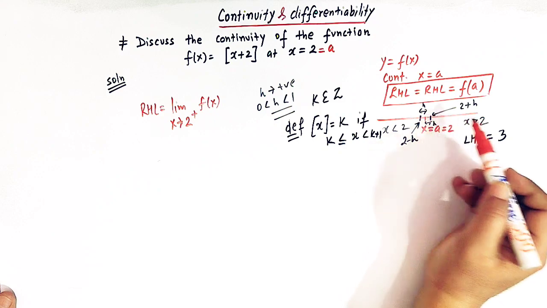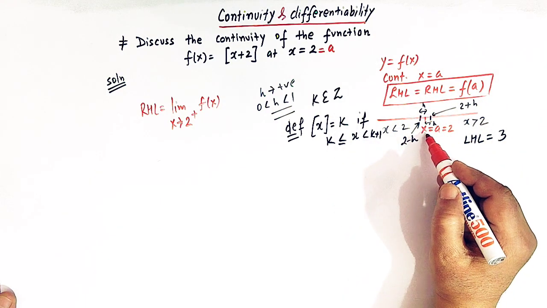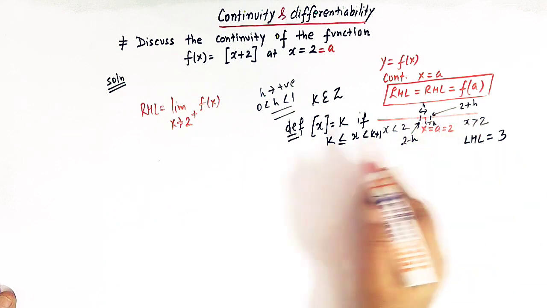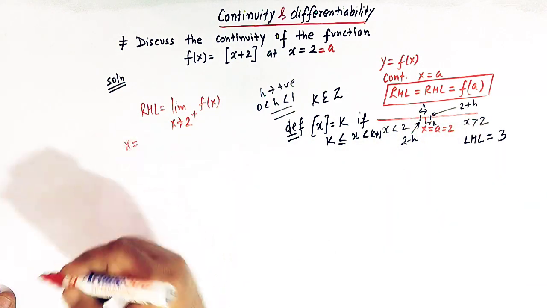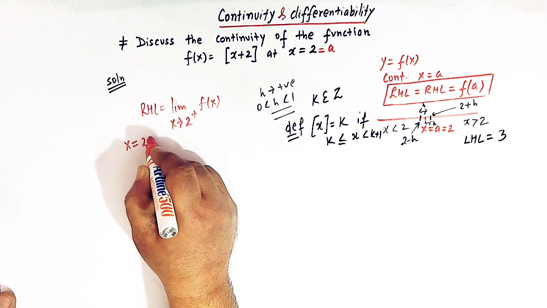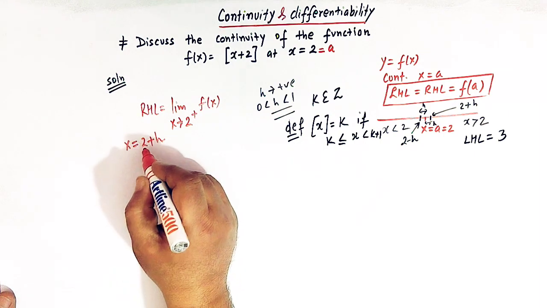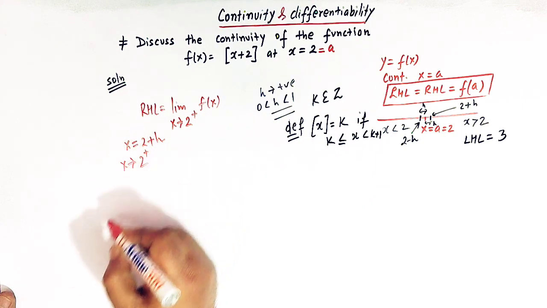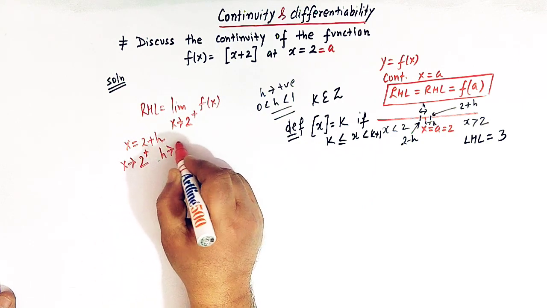In this case, we are approaching x equal to 2 from the right, so we take the values of x as 2 plus h, right? And when x tends to 2 from the right, h tends to 0.